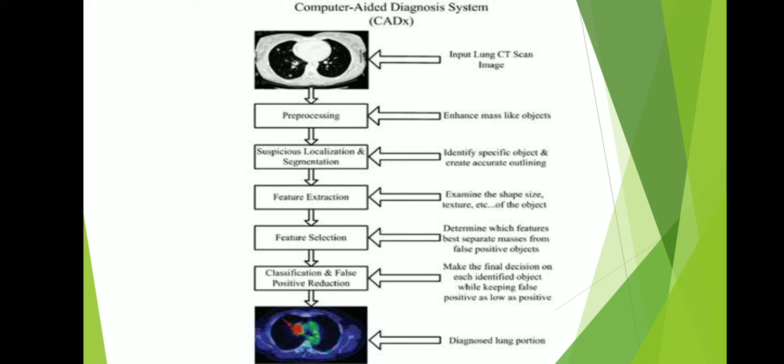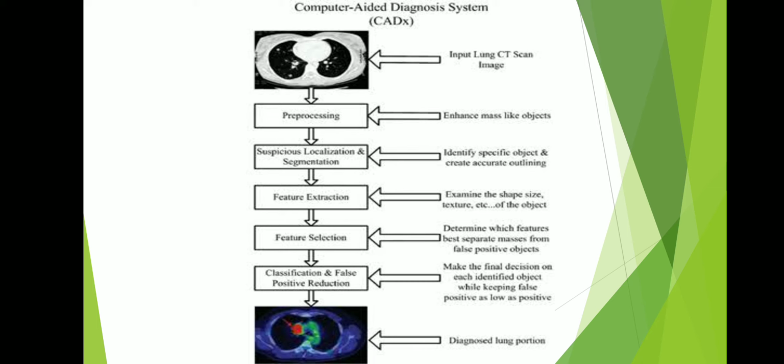So there are two processes: the indirect process where images are taken manually and then diagnosed by the computer software system, and the other is the direct way, where the body scanning system is interconnected with your computer software system, the CAD system.